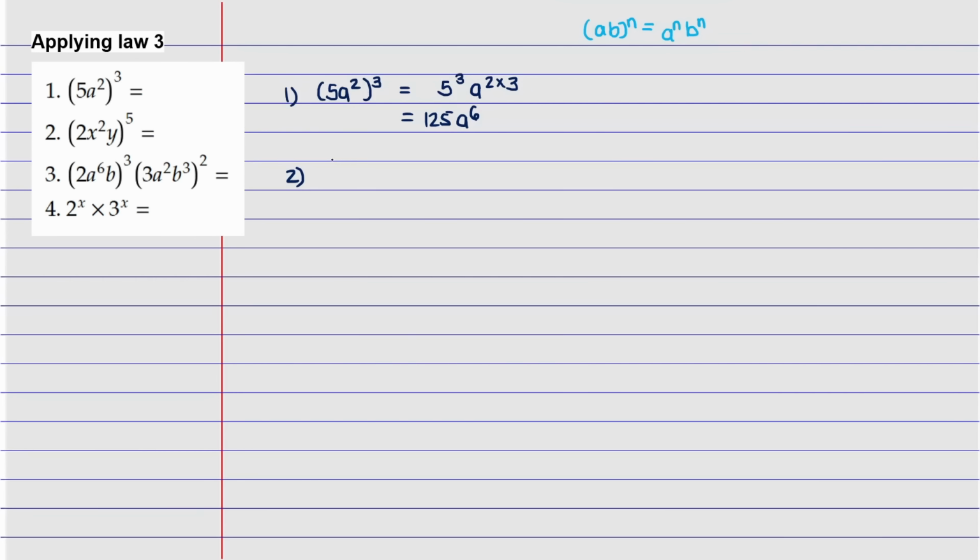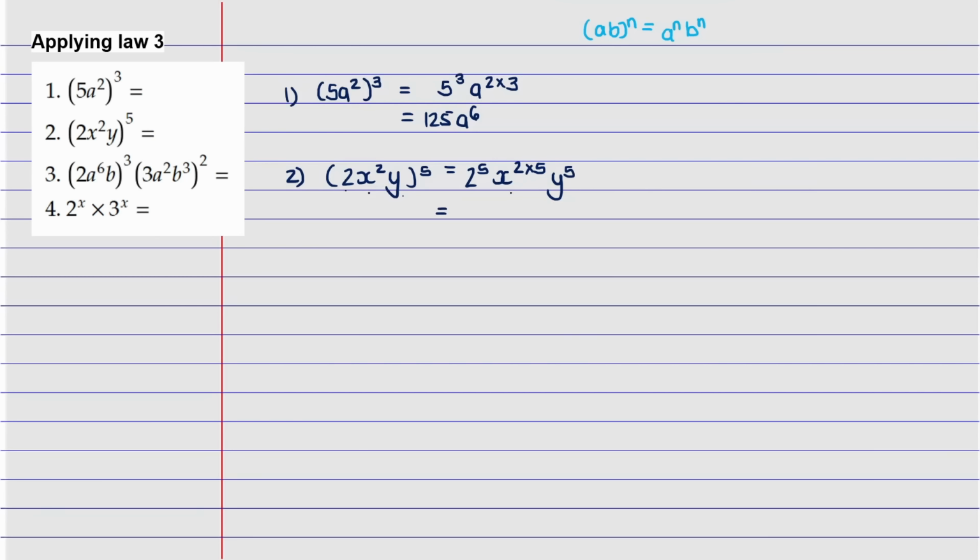So with that said, let's do number 2. It says if I have the following, 2x to the power 2, y, all to the power 5. So now let's apply the law. I need to distribute this exponent to each and every term. So it's going to be 2 to the power 5, then x to the power 2 multiplied by 5, then y to the power 5.